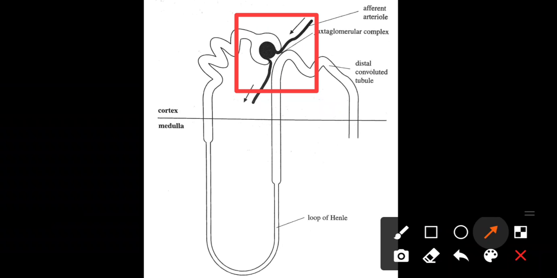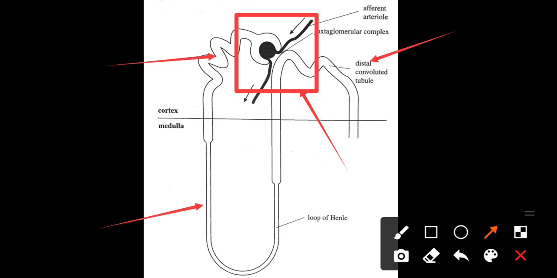This is the DCT, this is the PCT, and this is the loop of Henle. This association makes a particular system called the juxtaglomerular apparatus.